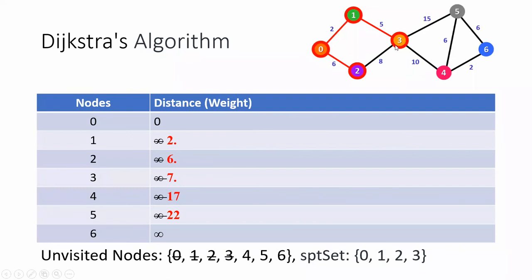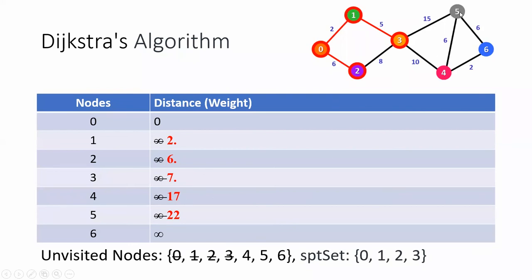When we look at 3, we also need to check the adjacents, because now it's actually in the set. When it's in the set, we have to check the adjacents, which are node 4 and also 5. Go to node 4, the distance from 0 to node 4 is 17.